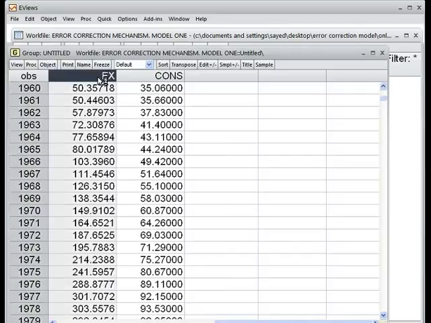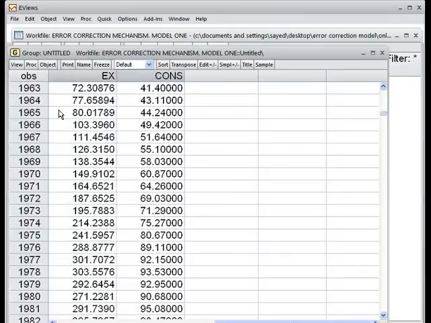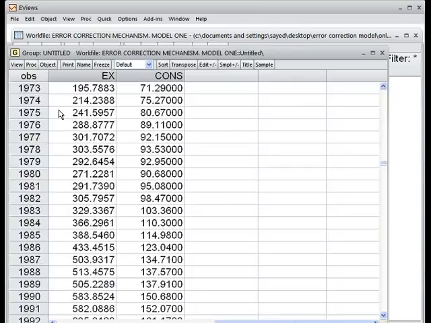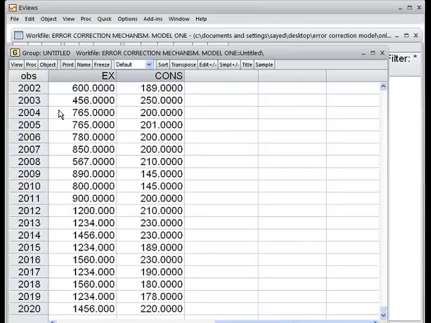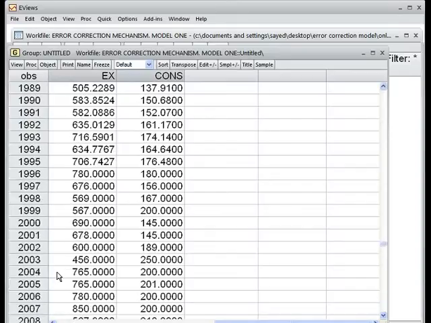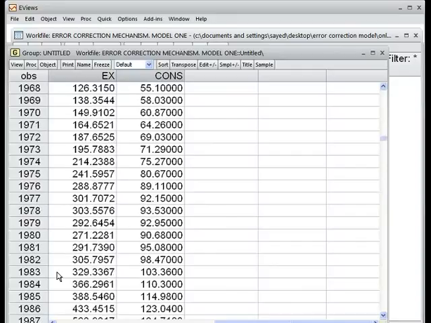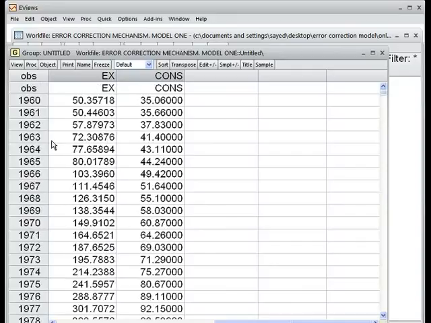It is the variables ex and cons, from 1960 until 2020. And this is our model.